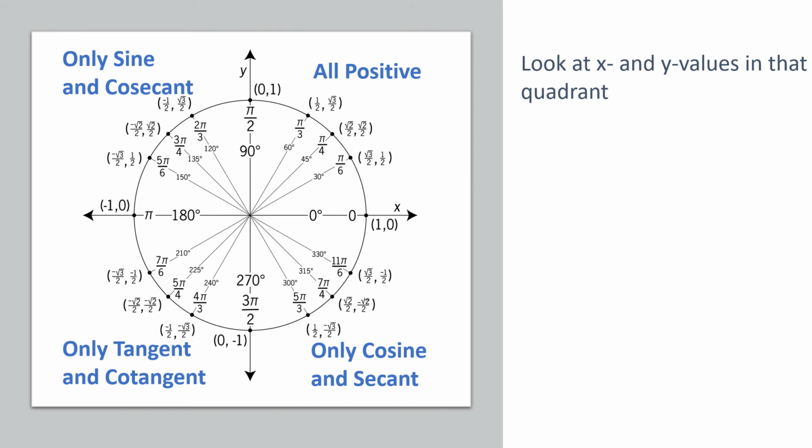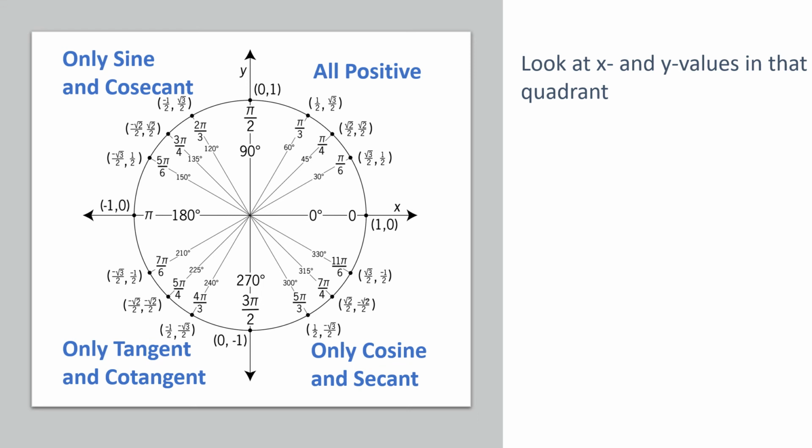And in the first quadrant, all of the trigonometric ratios are positive. So any angle between 0 and 90 degrees gives you a positive value, no matter which trig function: cotangent, sine, cosecant, any of those. And then in the second quadrant, only sine and cosecant are positive.